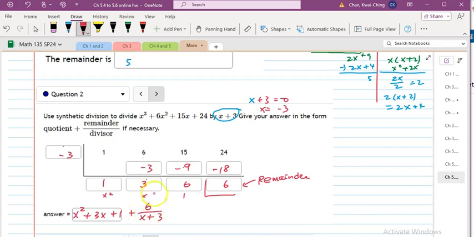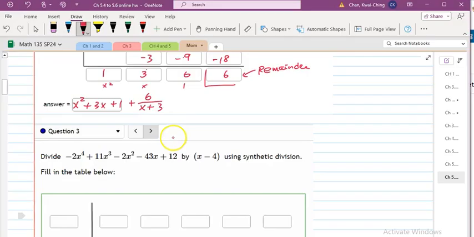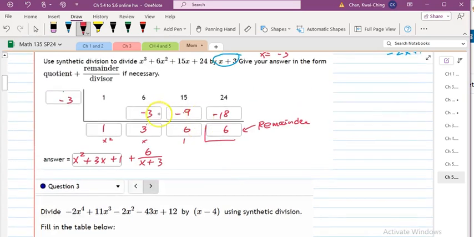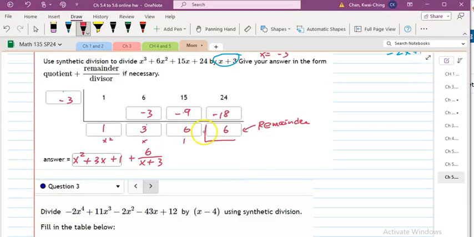Okay, we're dividing by negative 3, but write it this way. Oh, I have to do negative 3. Just copy over: negative 3, negative 9, negative 18. 1, 3, 6, and 6.